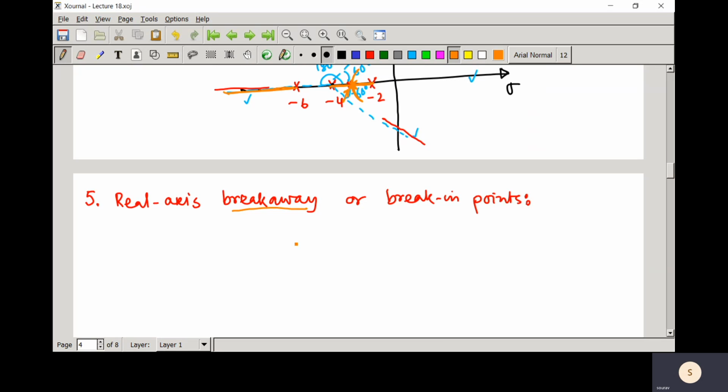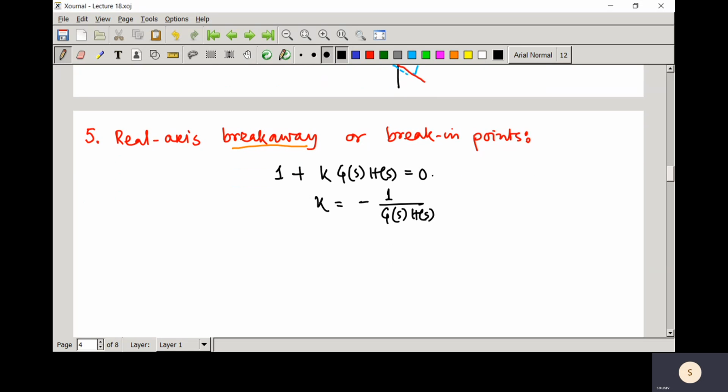We know that the characteristic equation is 1 plus k g of s h of s equal to 0. Then we need to write k equal to minus 1 by g of s h of s. Then you take the derivative of k with respect to s, that means dk by ds.